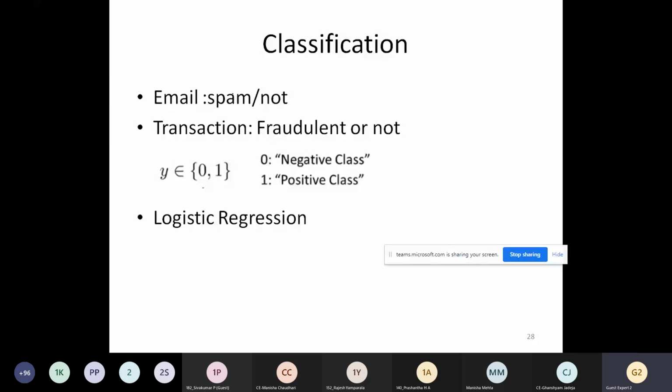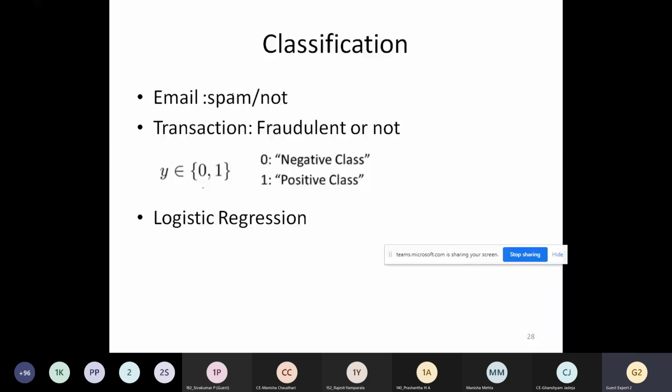If some transactions are going on in a bank, then it can be used to classify whether that transaction is fraudulent or not. So classification is generally used to predict categorical data, whether the weather is cloudy or rainy or cold.